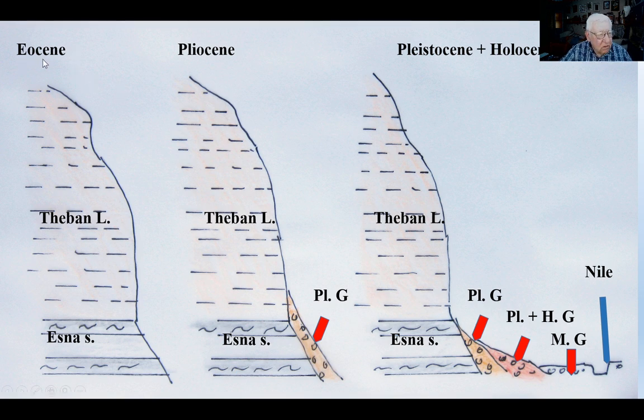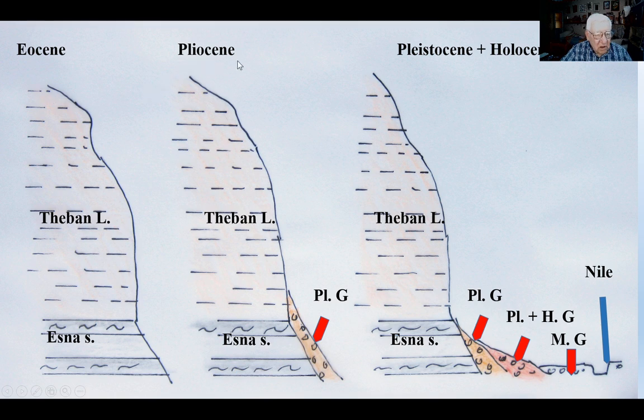So, in conclusion, we can say that at La Cime, in the region of King's Valley, are seen limestones, these Theban limestones, present over Esna shales, containing a lot of horizons of various flints.